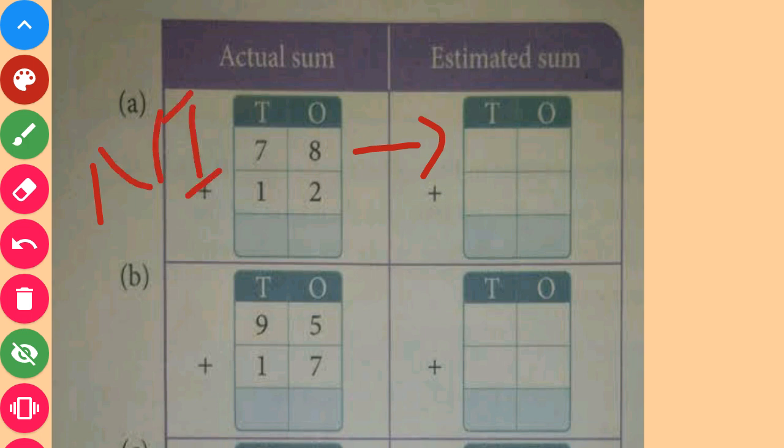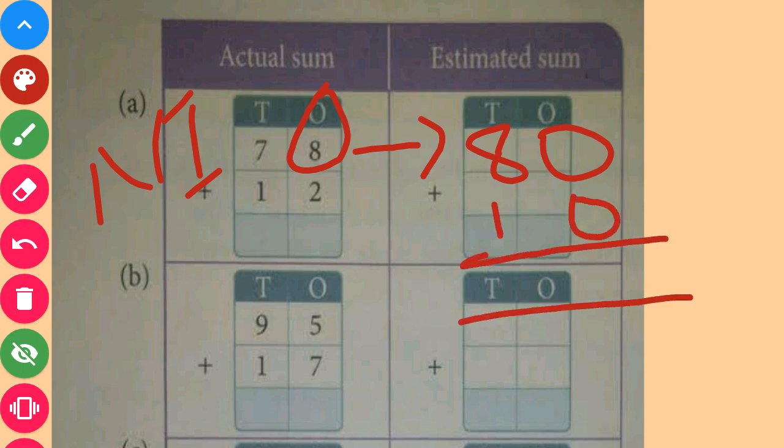Rounding off to the nearest tens means we will look at the number at ones place. So 78 will become 80 and 12 will become 10. So 0, 8 plus 1, 9, 90. We will get 90.